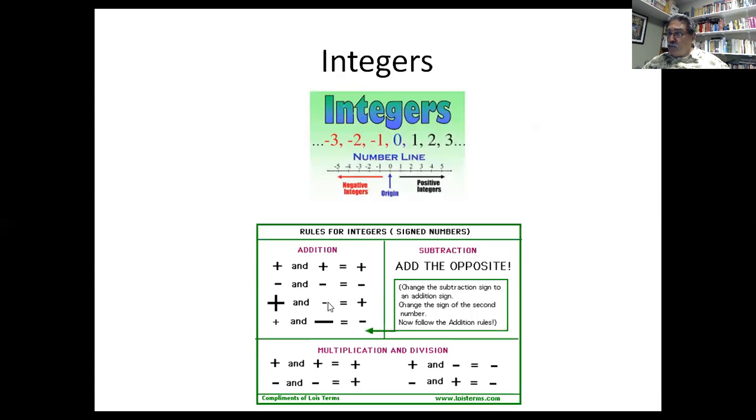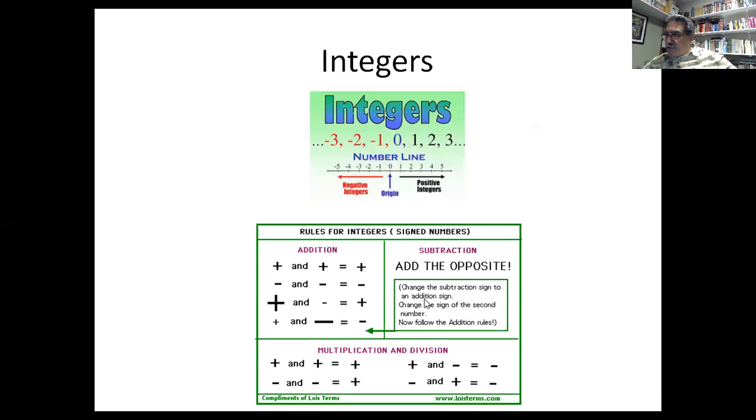If you have two numbers and the positive is greater than the negative, like positive 4 plus minus 3, the answer is positive 1. If the negative is greater, the answer is negative. Subtraction, just add the opposite.